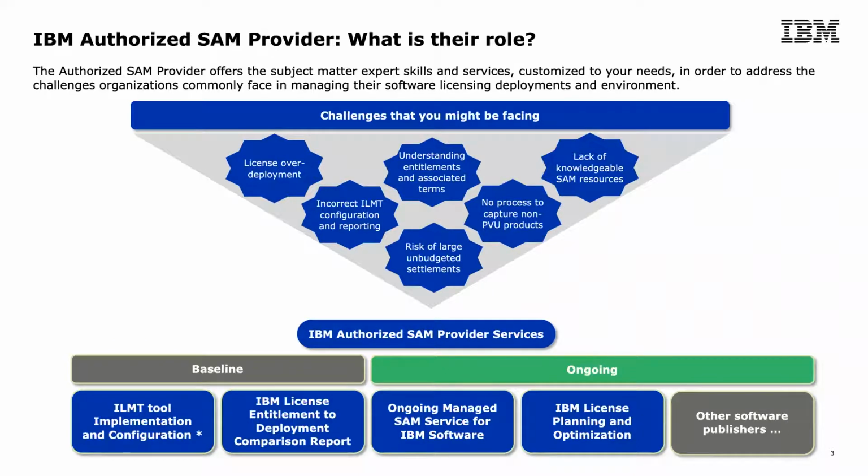Every company has not made investments in SAM, software asset management. They don't have the resources. And the one at the bottom, which is a very important one, is the risk of large unbudgeted settlements. This can derail very, very large relationships, very small relationships, relationships of all sizes.